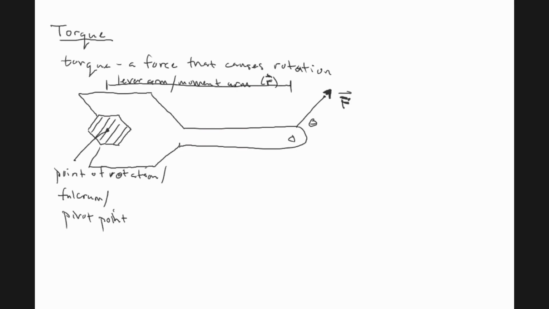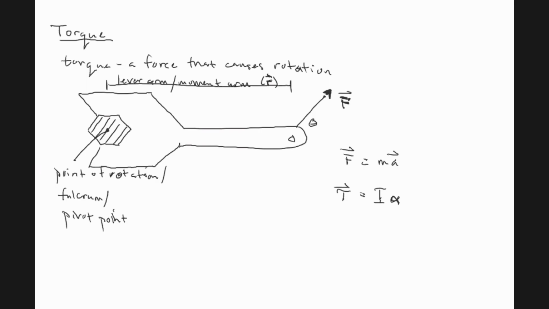So torque is very analogous to force. Remember last week, that the sum of all the forces was equal to ma. Well, the sum of all the torques is equal to the rotational equivalent of mass, moment of inertia, and the angular equivalent of acceleration, alpha, or angular acceleration.